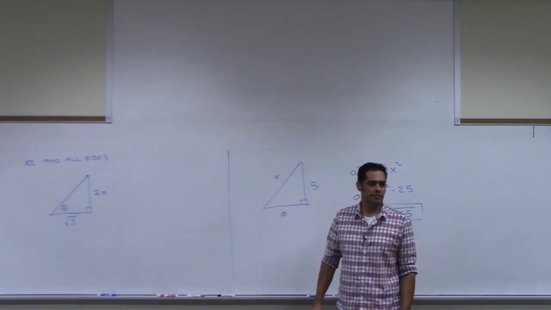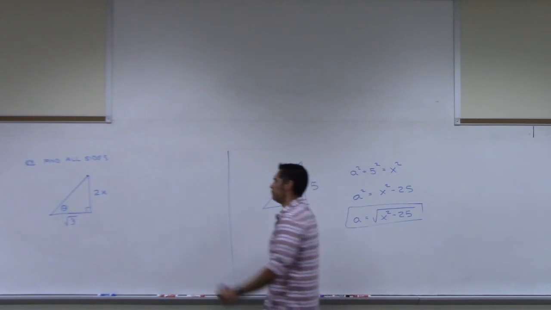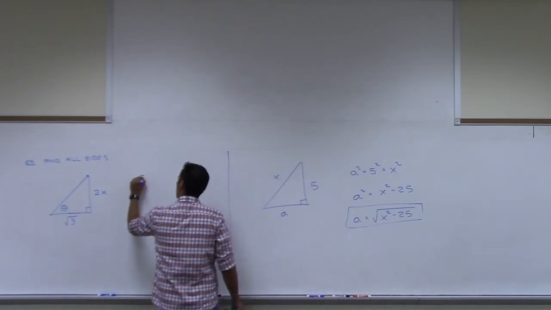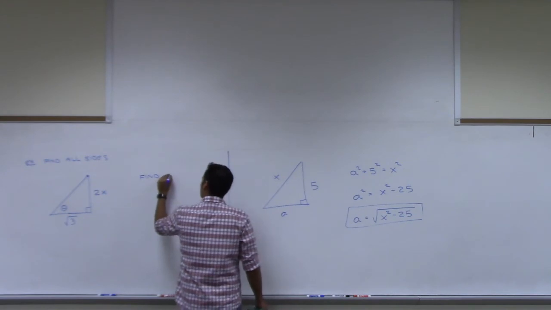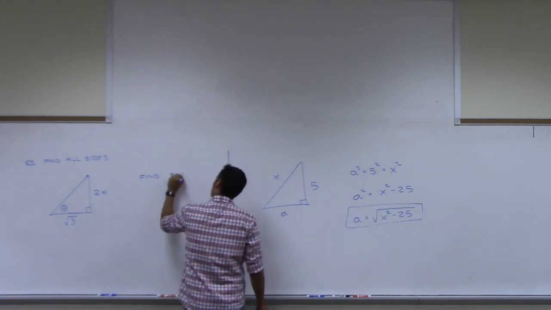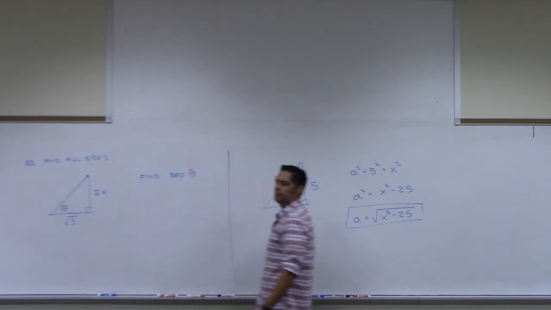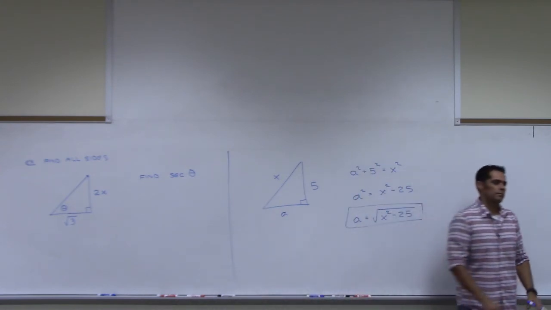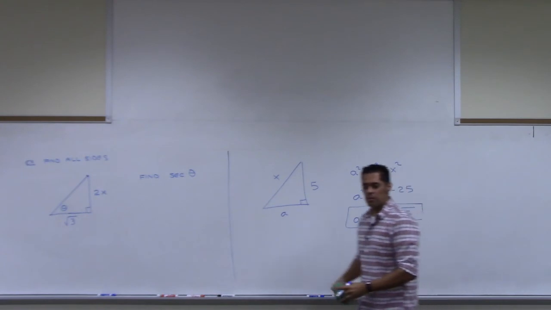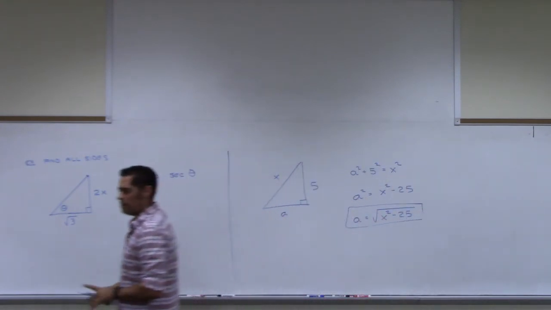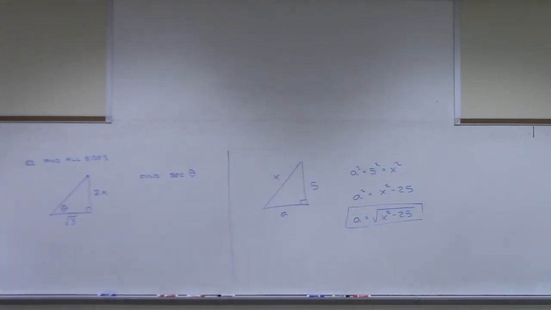And here's what I want. Find secant theta. See what you can do in 5 minutes. And you can talk to each other. I don't mind if you help each other out. In fact, I would encourage you to talk to each other.